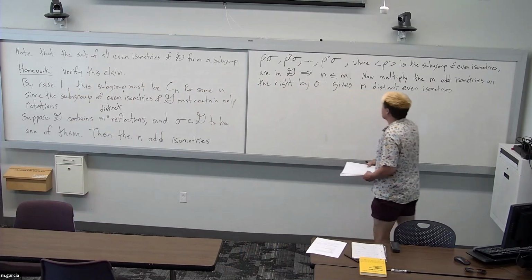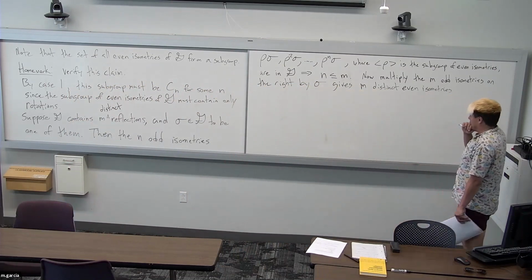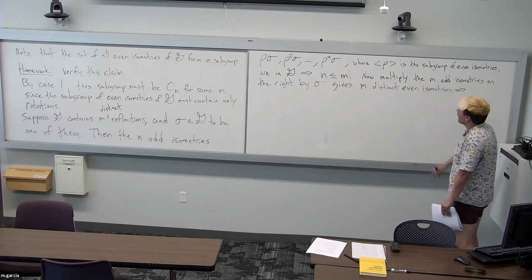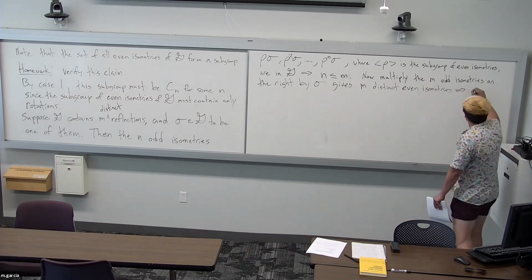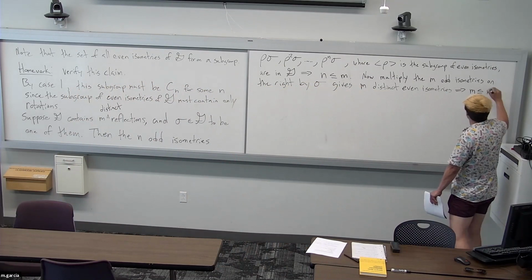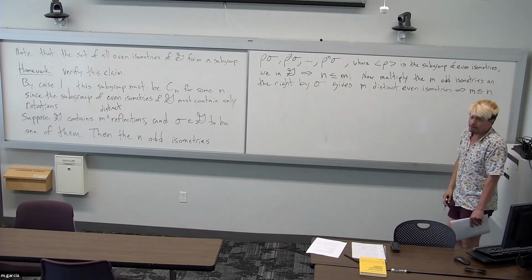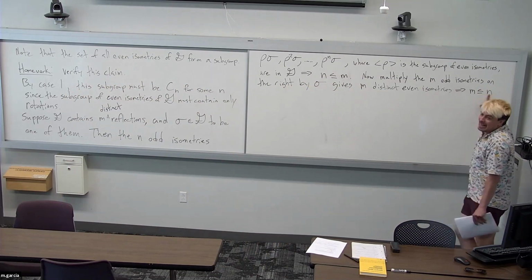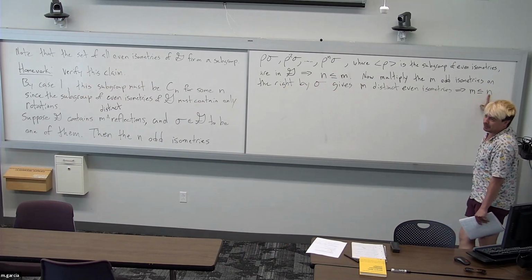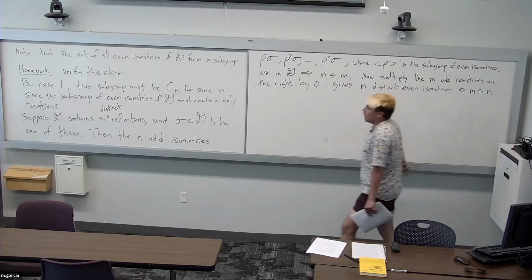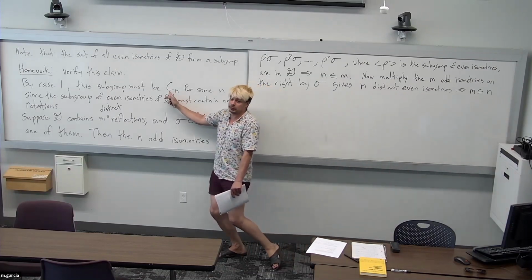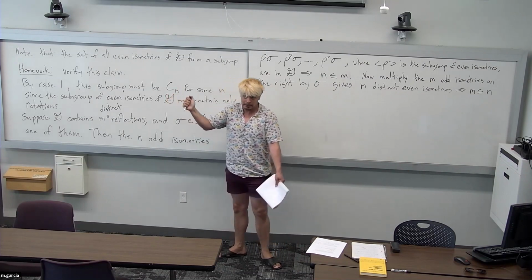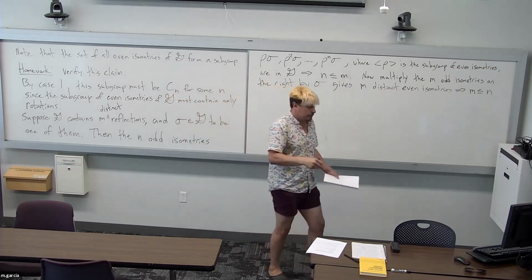Okay, so in other words, this tells us that m is less than or equal to n. Right? Because we know that there are n distinct even isometries because from case 1 we deduced that the subgroup of even isometries is Cn. Okay?